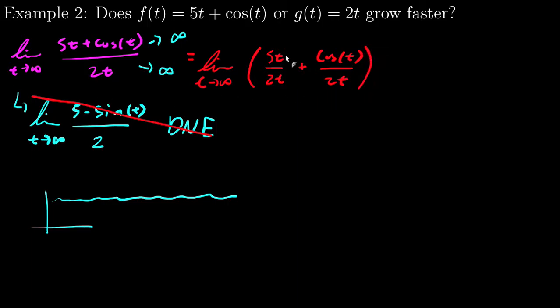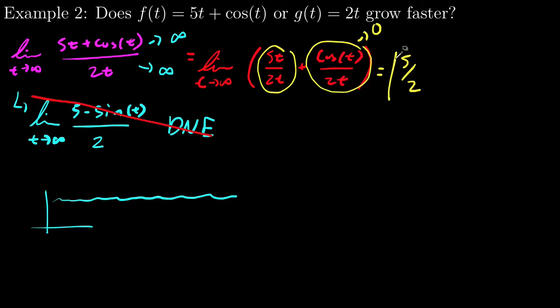And now we can see this portion here is 5/2, and this portion here approaches 0 because cosine is bounded from -1 to 1. It's a relatively small number in the swing of things, but the denominator is going towards infinity, so I have a bounded value divided by something that's becoming infinite.